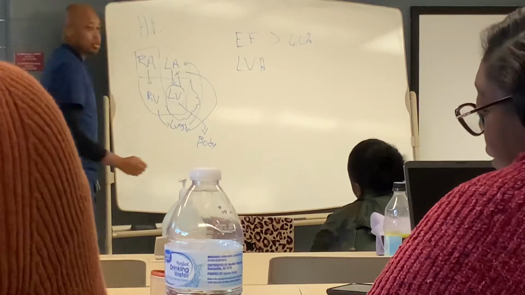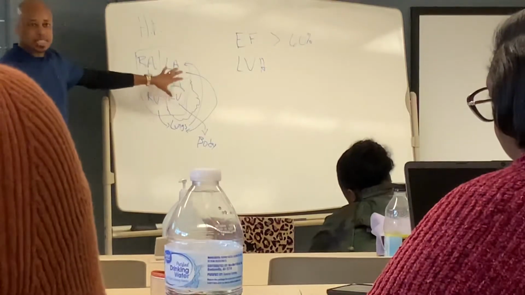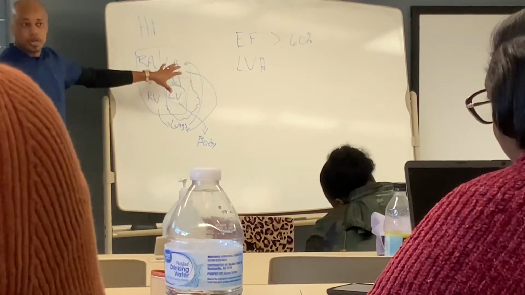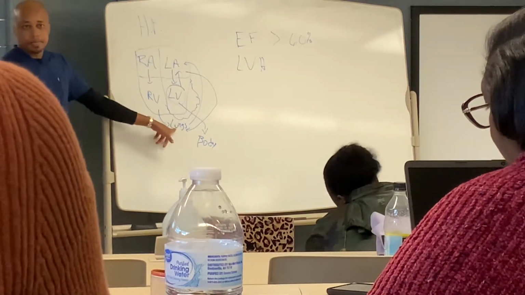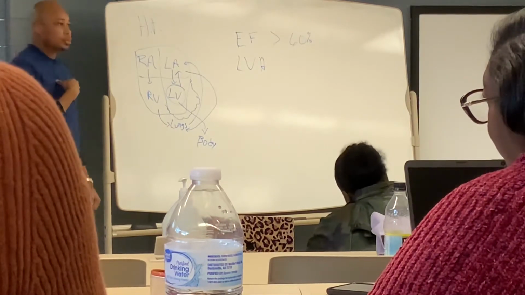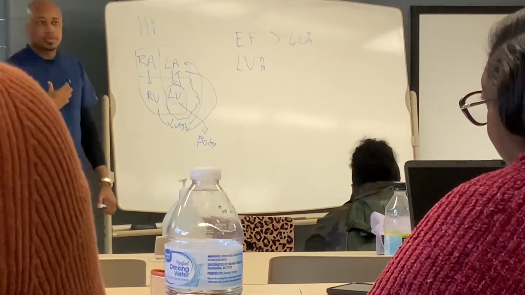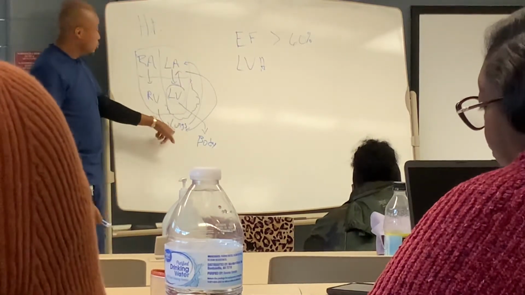The lungs, okay? So whenever we're talking about left-sided symptoms of heart failure, we're going to think of those that are pulmonary in nature. Pulmonary edema, shortness of breath, these type of things, because this blood is backing up into the lungs.